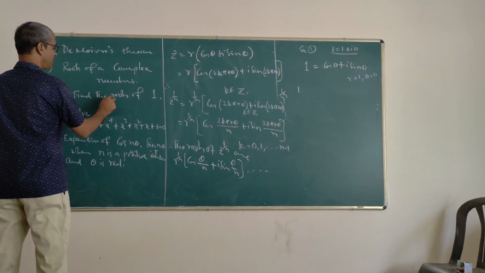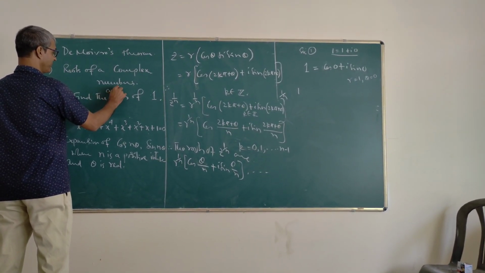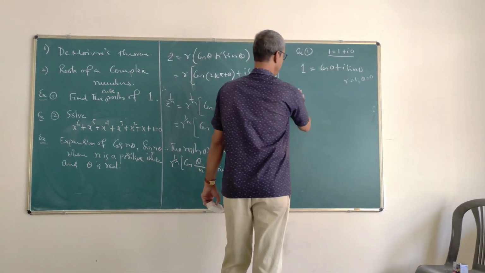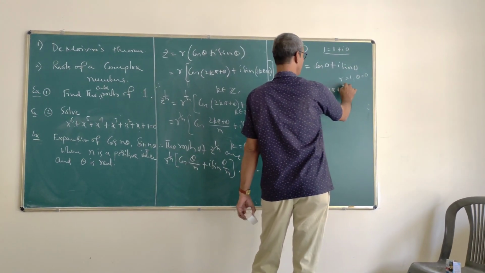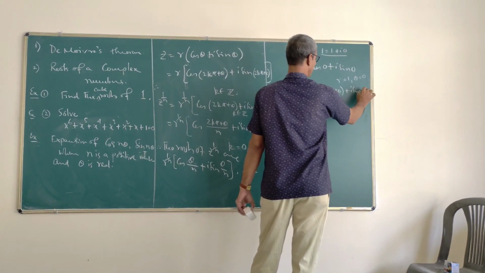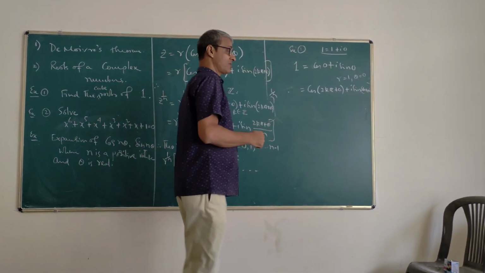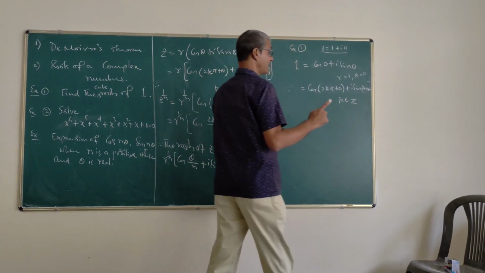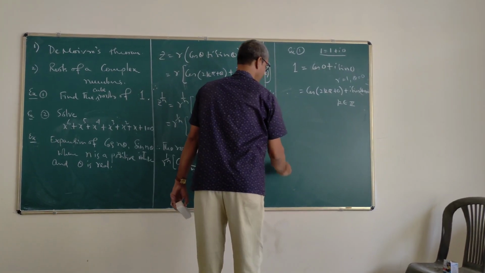Find the roots, let us say the cube roots. So 1 is the same as cos (2k pi plus 0) plus i sin (2k pi plus 0), where k is an integer. We take infinite values of k, but out of these we consider only 3 values.